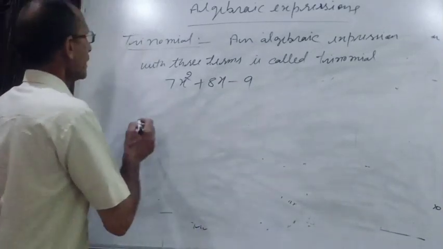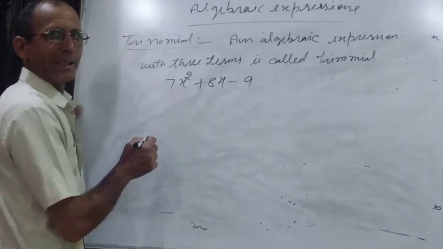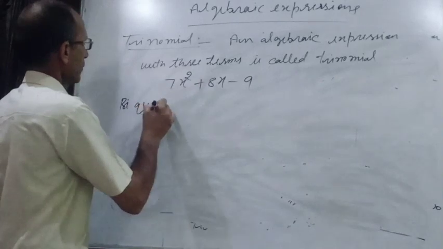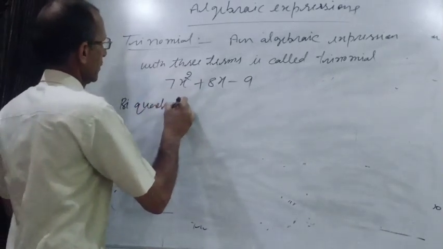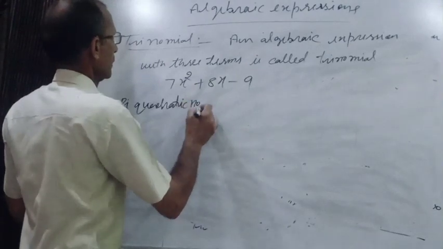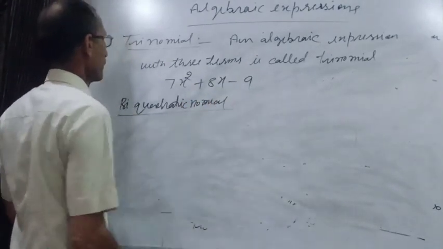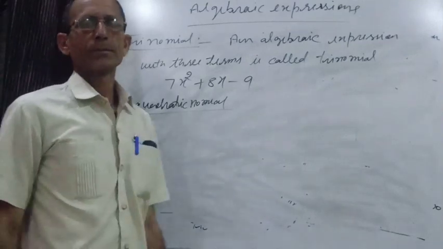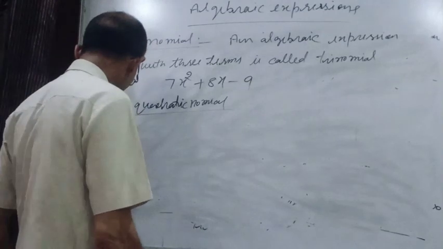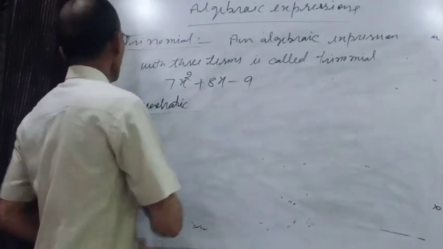Next is biquadratic. You can say biquadratic only, not nomial. Sorry.